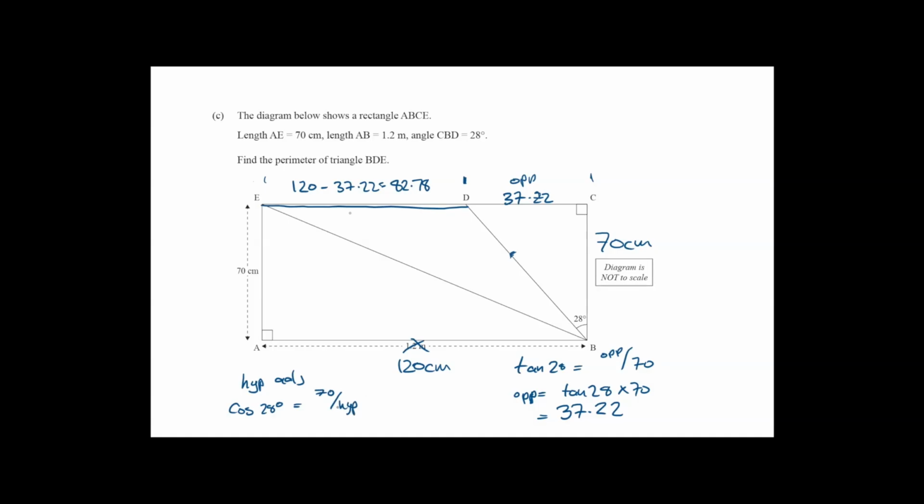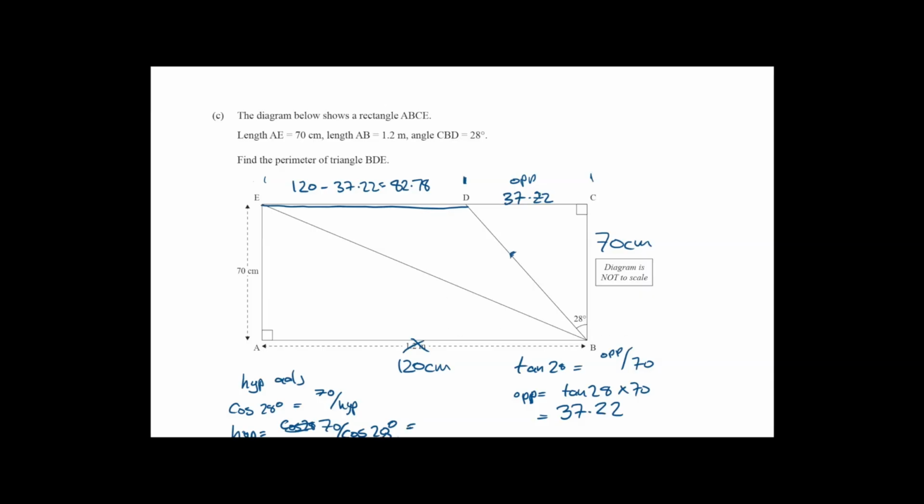So cosine of 28 degrees is going to be equal to the adjacent side, which is 70, divided by the hypotenuse. We're trying to find the hypotenuse, so the hypotenuse is therefore going to be 70 divided by cos of 28 degrees. I was trying to do the algebra in my head. Do these on paper.